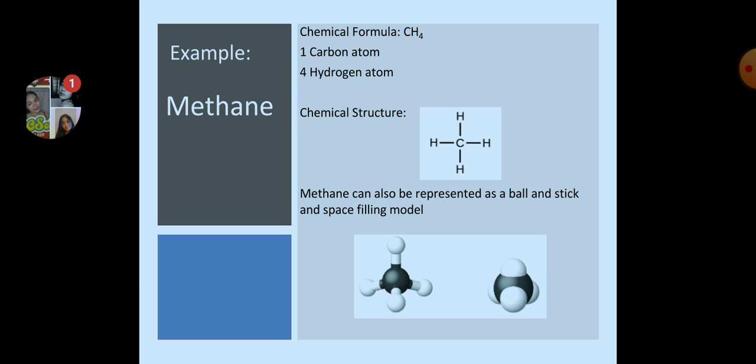So, isang C, then isa lang carbon atom and 4 na H. Okay? So, methane can also be represented as a ball and stick and space filling model. So, pag ball and stick, ayan. So, 4 na white ball. So, yan yung ating mga hydrogen atom, and yung larger ball, the black one, represents the carbon atom.